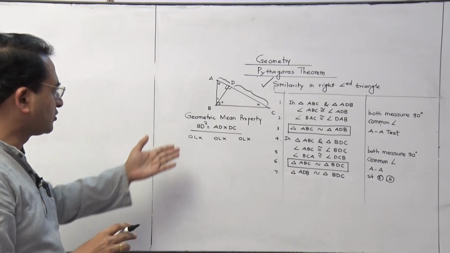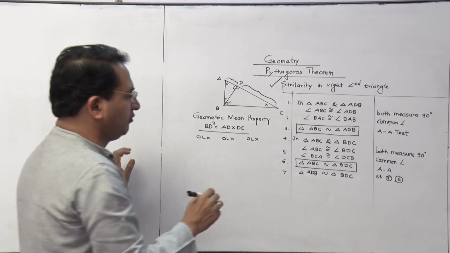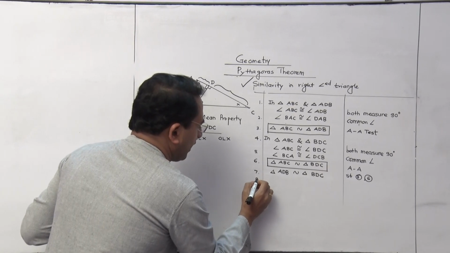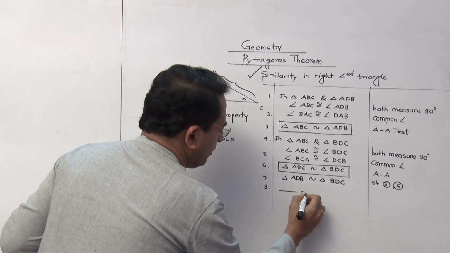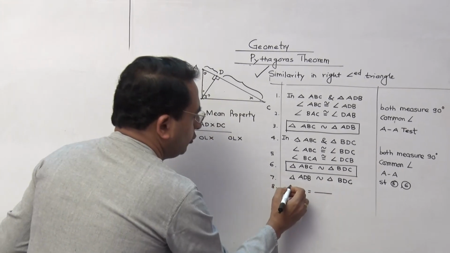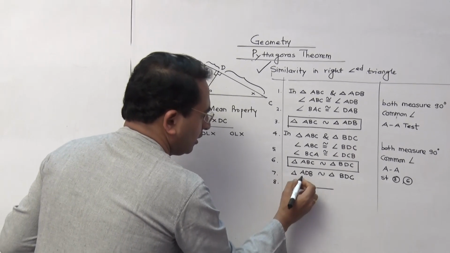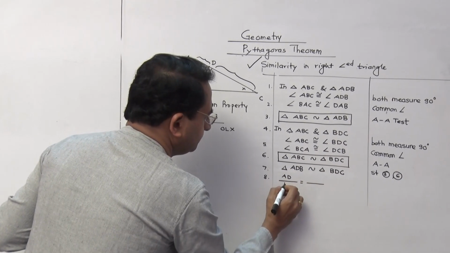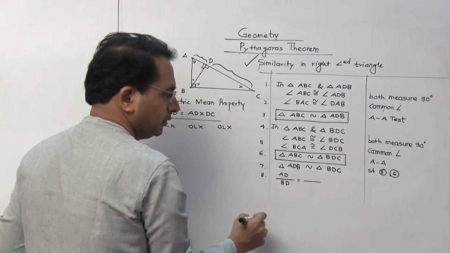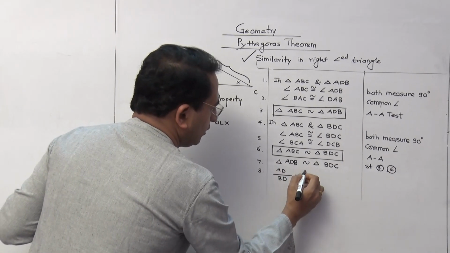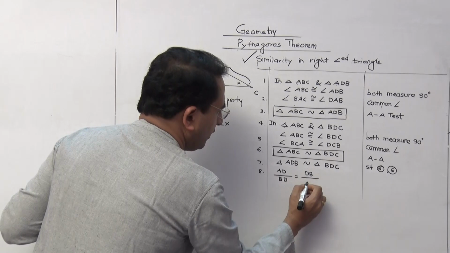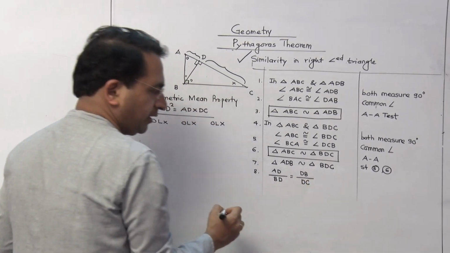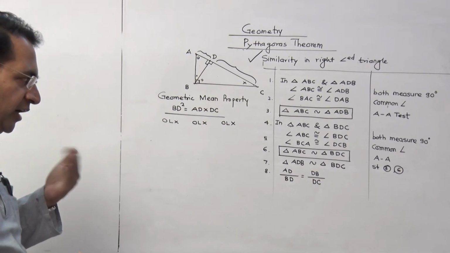Now we have to derive something related to the sides, so we have to write down the sides which are in proportion. Now I will write AD upon BD, then DB upon DC. Correct? Actually, how many ratios do we write?